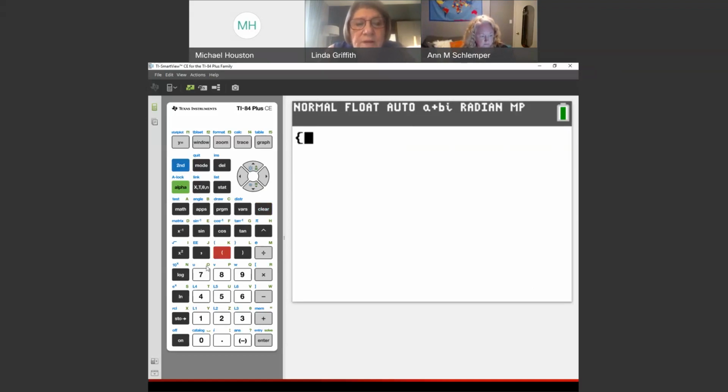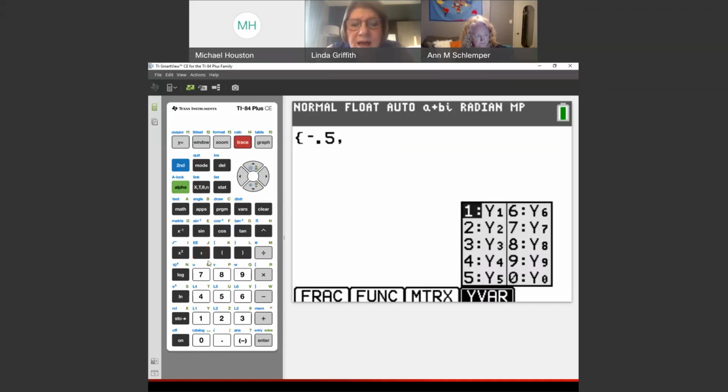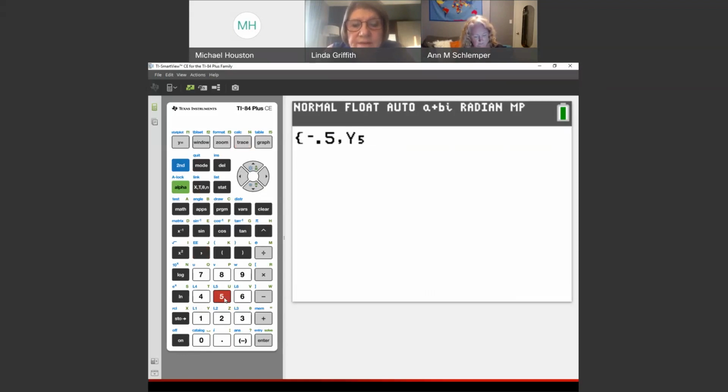So we're going to enter negative 0.5, and then comma. And then we have to do y5 of negative 0.5. And so you use the parentheses there. And then close the parentheses and close the brace.